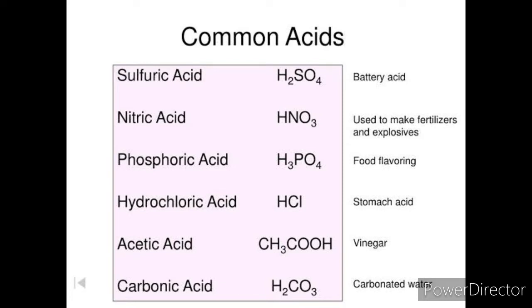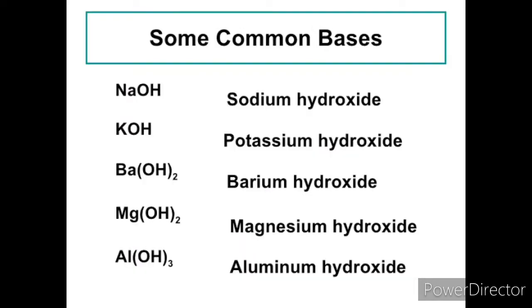Children, here I have given some common acids and bases with their names and formulas. Learn them perfectly. A compound of a metal with the hydroxide ion, the OH- ion, is called a hydroxide. Look at the first compound, NaOH, sodium hydroxide.